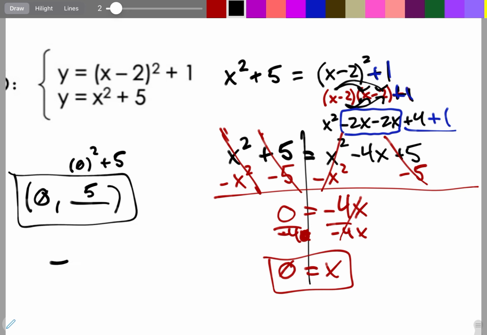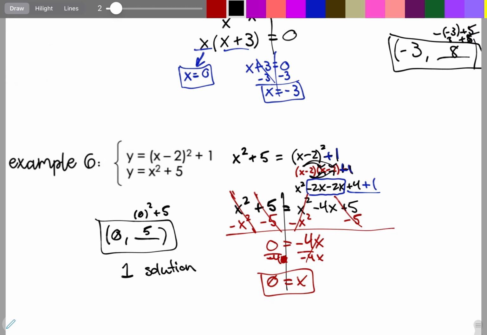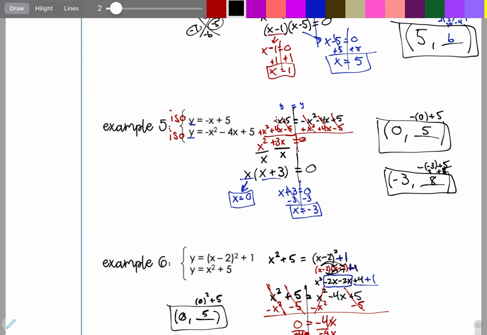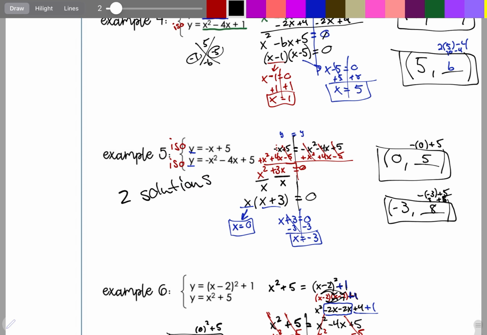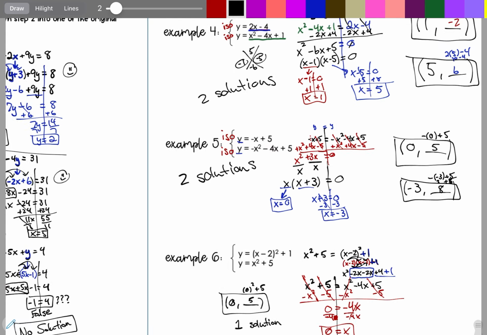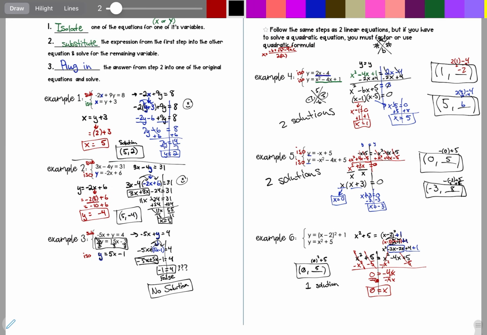So this is one solution, whereas these other two up here had 2 solutions. Again, when you're dealing with quadratics, you can have up to 2 solutions. Sometimes you can have one solution, and sometimes you can have no solution. It's a thing. But this has been a lengthy video.